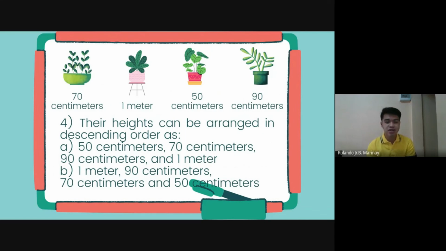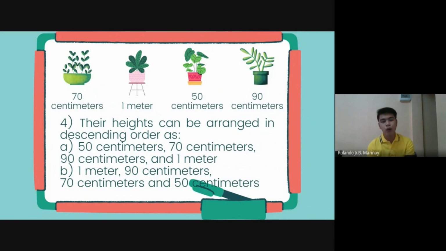Again, kids, descending order is what? Is it biggest to smallest or smallest to biggest? It is from the biggest to the smallest. That is descending order. So which one shows descending order?